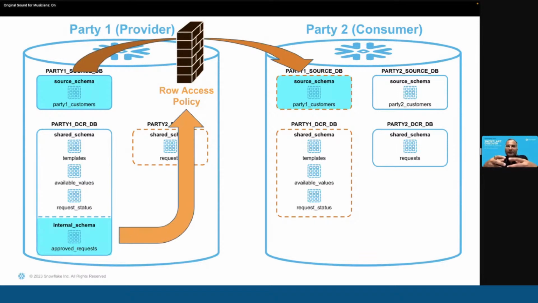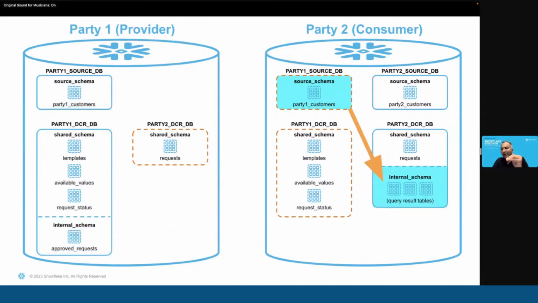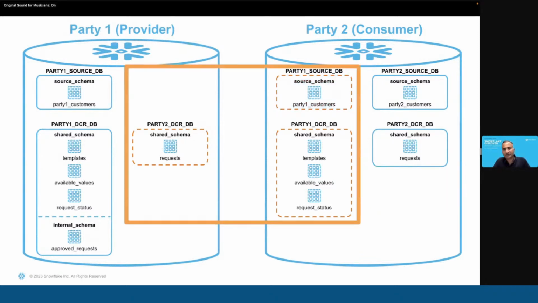Just assume that this row access policy acts as a firewall, and only those results that have been approved by the provider will be accessible to my consumer. Once the consumer gets that data, they can use it for their campaign and further activities.